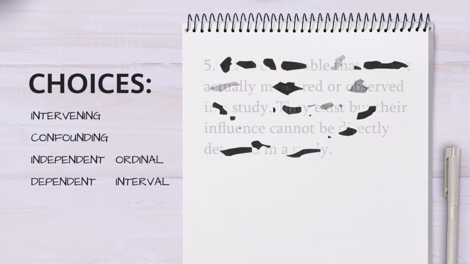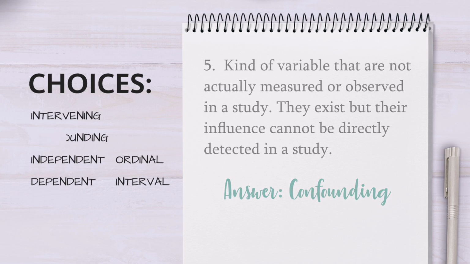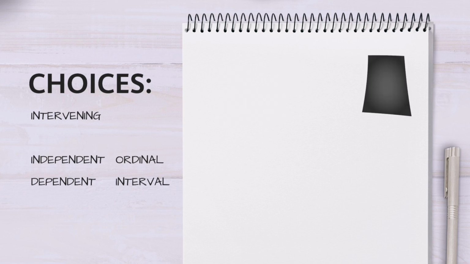5th question. Kind of variable that are not actually measured or observed in a study. They exist, but their influence cannot be directly detected in a study. Confounding is correct. Right. Question number 6.